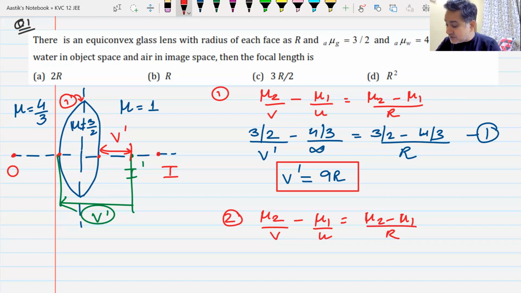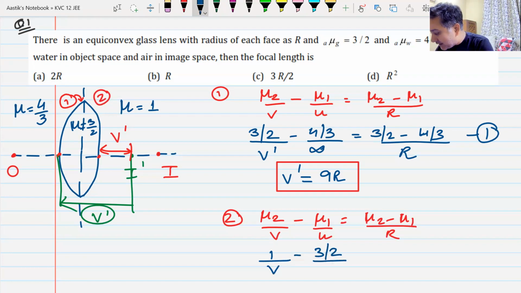Remember, refraction is happening. The ray is inside glass now, and it is going to air. What is the value of mu2? 1, sir. 1 divided by V minus, what is the value of mu1? 3 by 2, sir. Well done, 3 by 2.